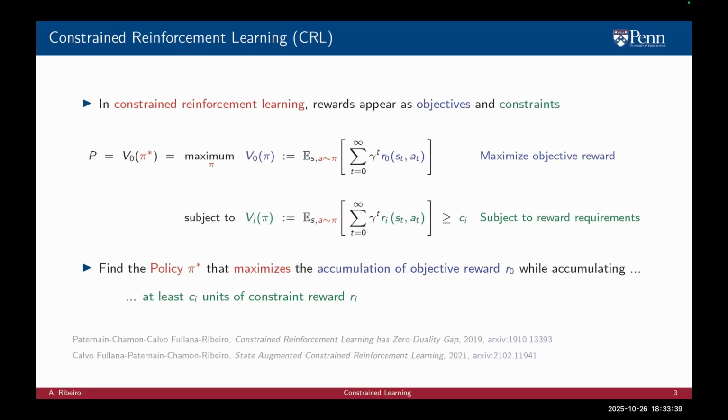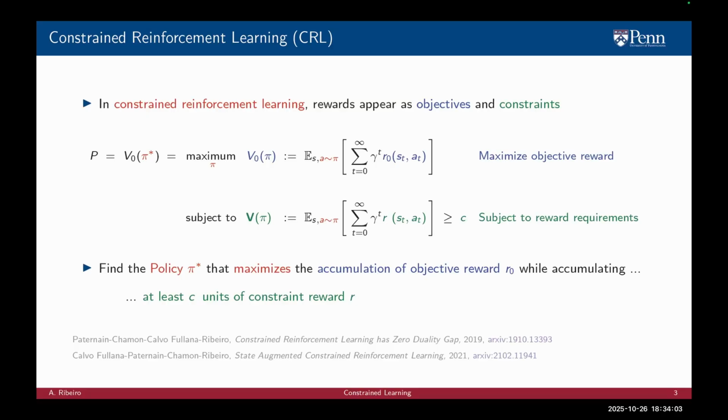In constrained reinforcement learning, what you want to do is find a policy pi star that maximizes the accumulation of the objective reward while accumulating at least c_i units of constraint reward R_i. And typically you have several of these that you would like to satisfy. Just because later I want to simplify notation, I can stack all of these things into a vector and say that this constraint value function has to be larger than C, and this value function and this C are both vectors of appropriate dimension. Okay?